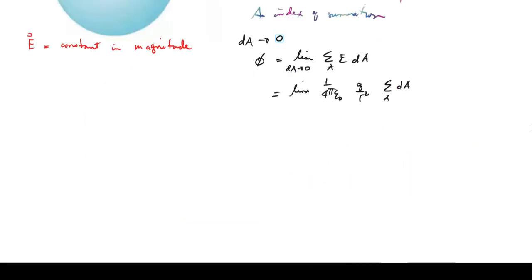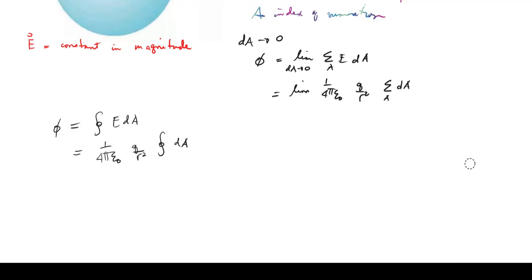And since 1 over 4 pi epsilon naught, q over r squared, are constants for a spherical imaginary surface, take note that E is constant, then our equation becomes the integral over the closed surface of E dA, which is equal to 1 over 4 pi epsilon naught, q over r squared, times the integral of dA.